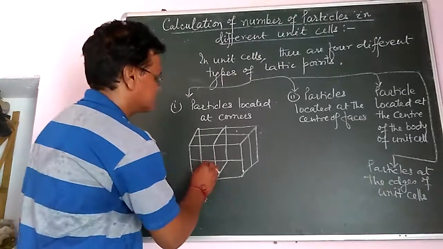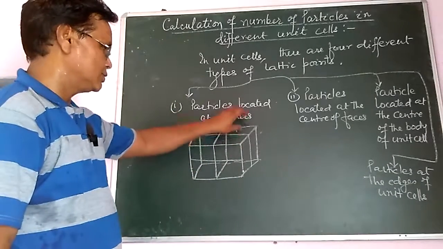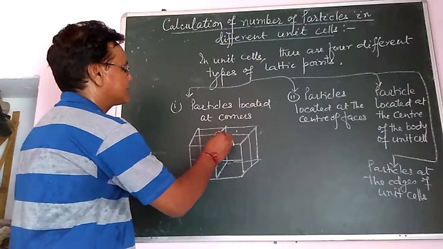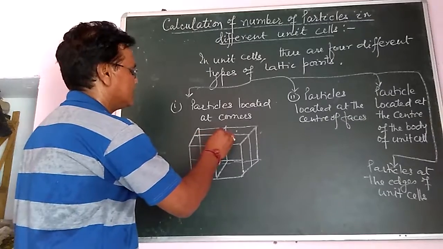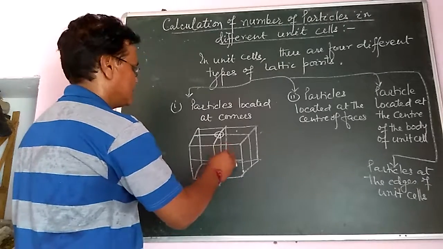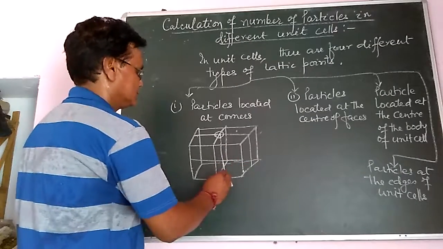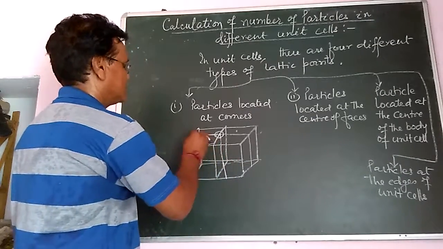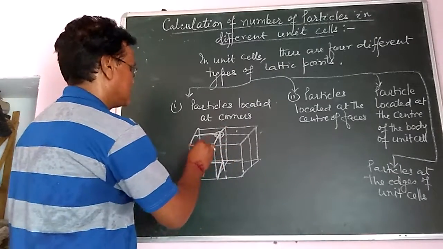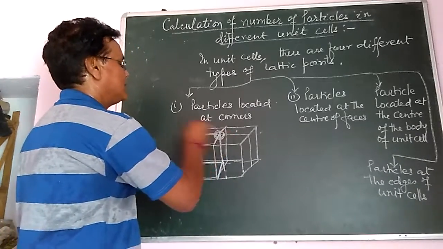There are 8 unit cells. Suppose the particle lies at the corner. Suppose this is the corner of the unit cell. See here the unit cells. This is the unit cell, and the particle lies at the corner.